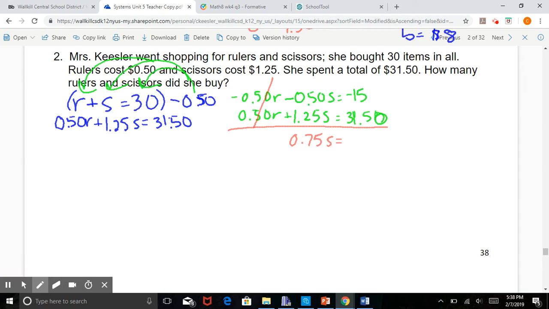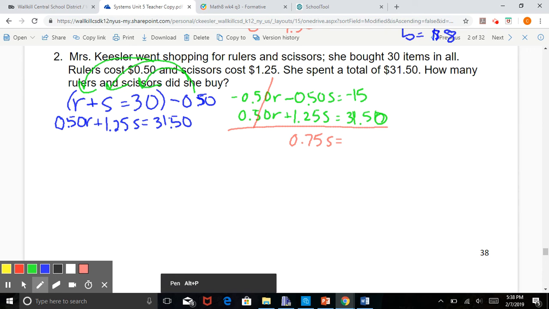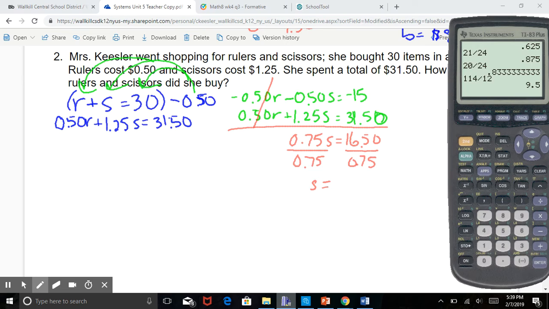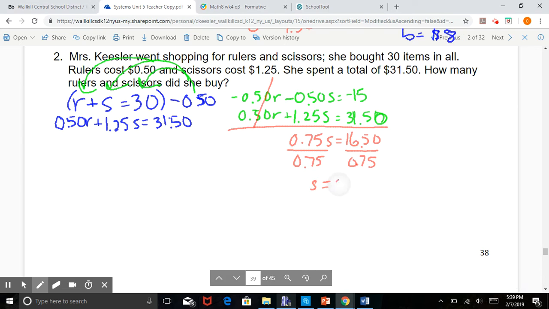Now we divide by 75 cents. Divide by 75 cents. And S equals 22. So she purchased 22 scissors.